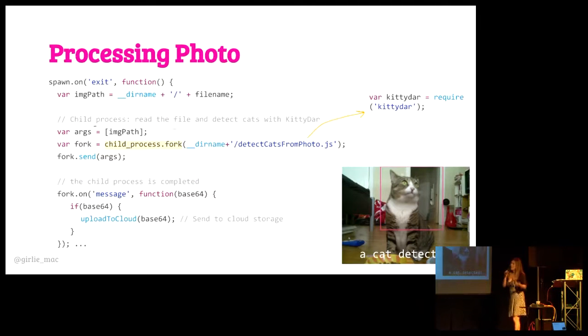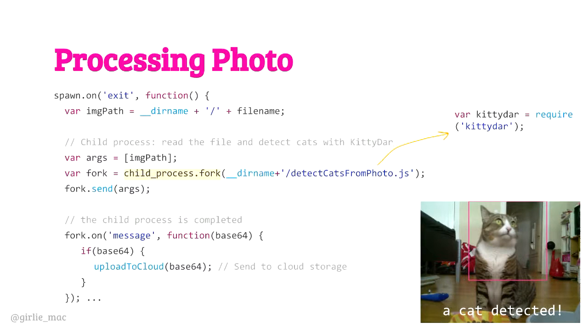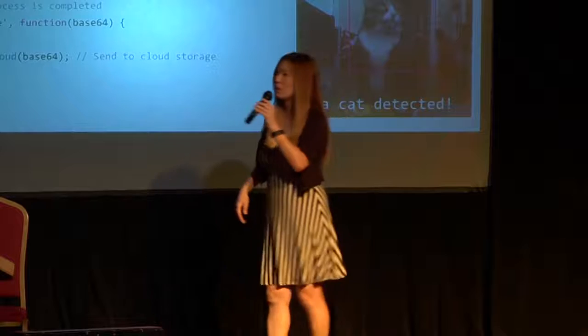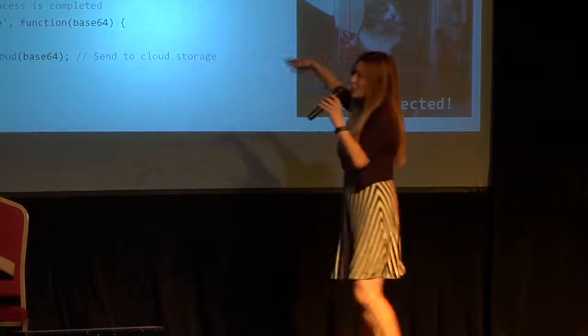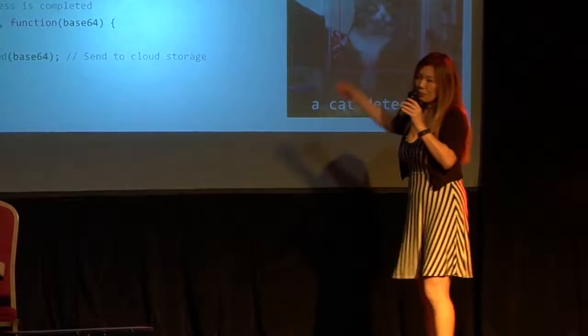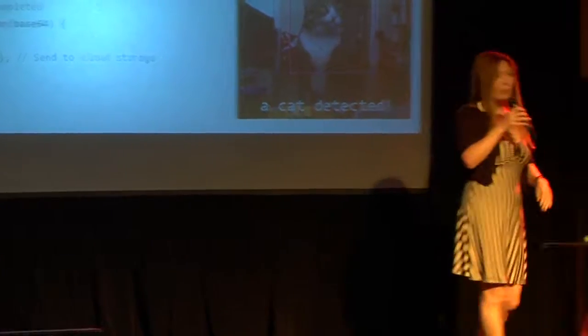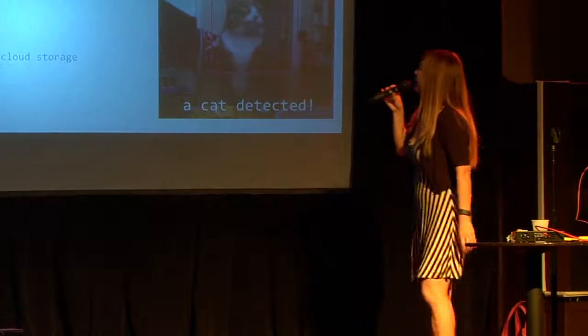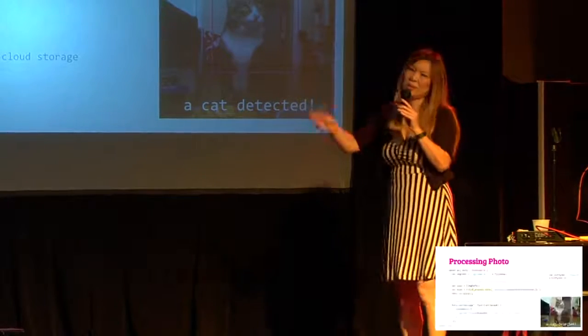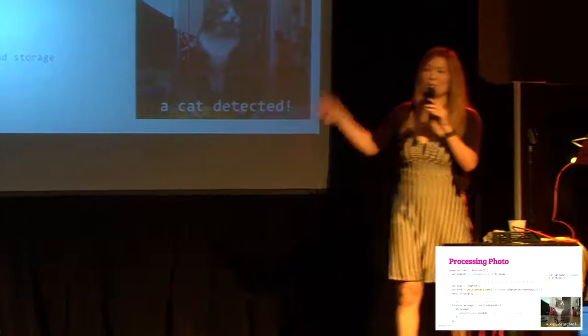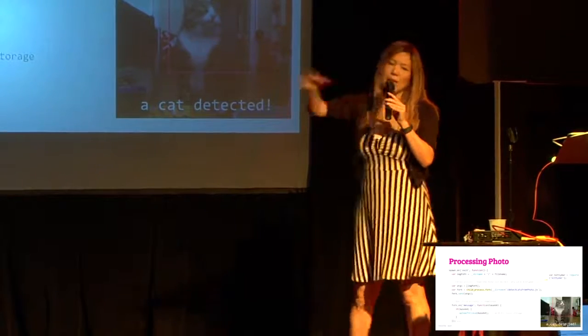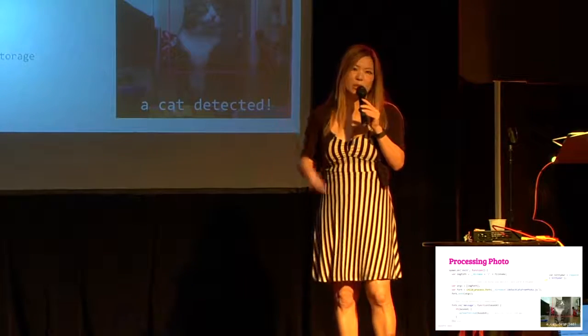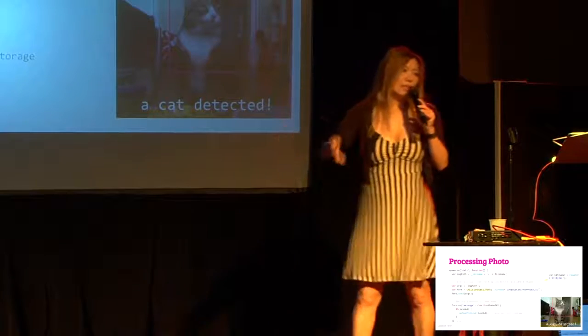So this is the processing of photos. Once the picture is taken, this photo will be processed in another process. I'm using child process again, but this time I'm using the fork method to dump this whole operation to another process. Because again, you don't want to do this in a single process: each time my cat or whatever moves around, it takes photos constantly, and I have to send them for processing.